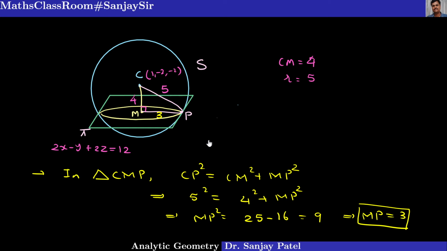Now I'm interested in finding the center M coordinates of the circle, which is the intersection of the sphere and the plane.